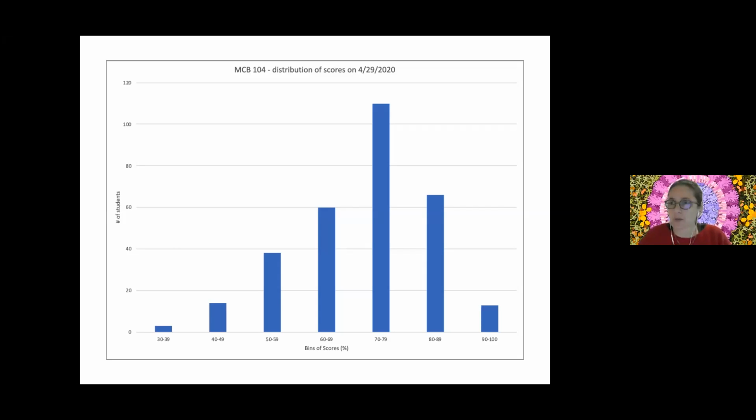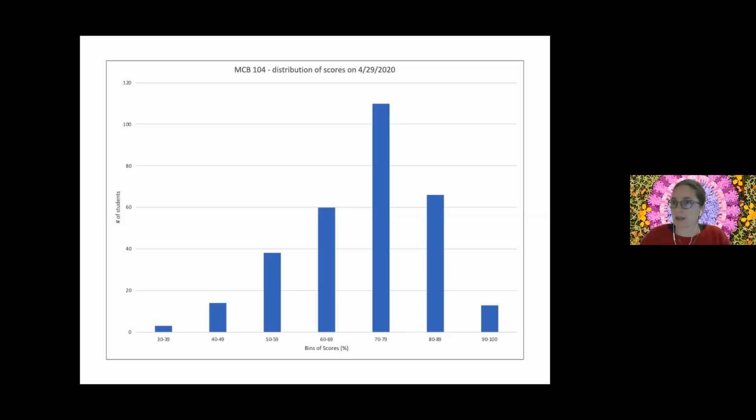I received one question asking whether the biggest bin would be given a particular grade, and we haven't made those decisions yet. There's a standard curve that's applied to 104 historically, and historically, 104 from semester to semester tries to have about the same grade distribution.